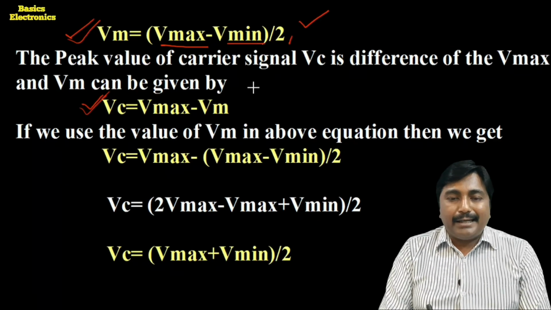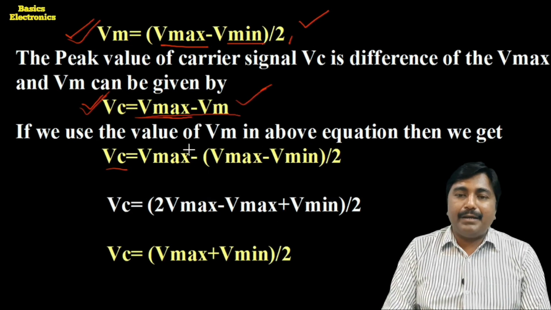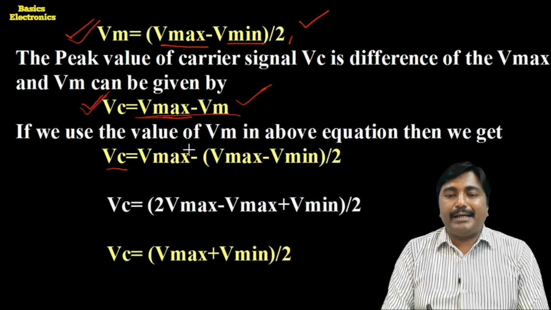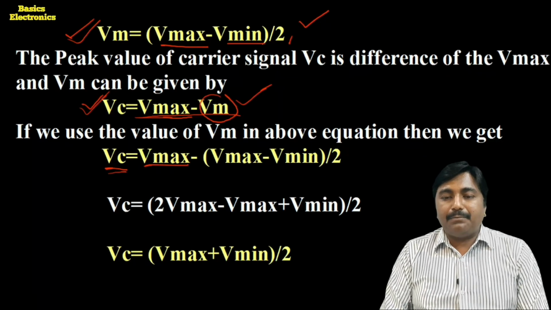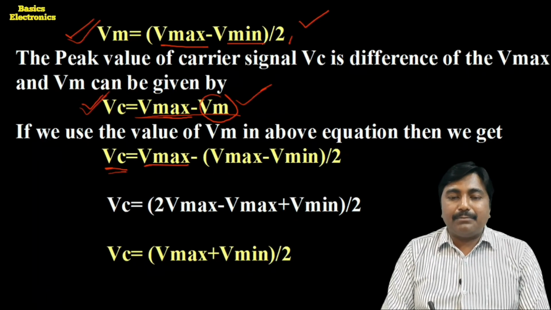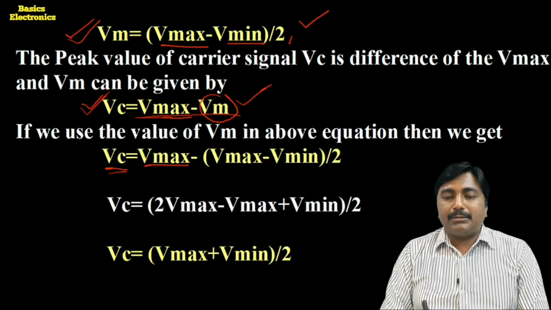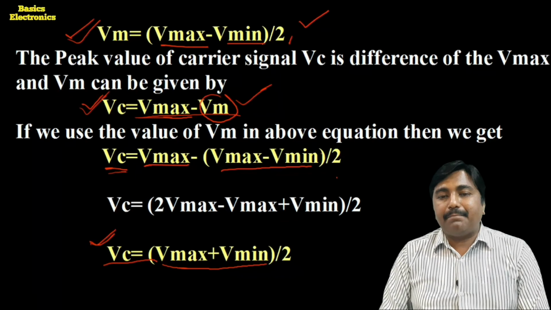So here we get Vc equals V maximum minus Vm, and if we put in the value of Vm, then we get Vc equals V maximum minus V max minus Vmin divided by 2. After solving this, we get Vc equals V maximum plus V minimum divided by 2.